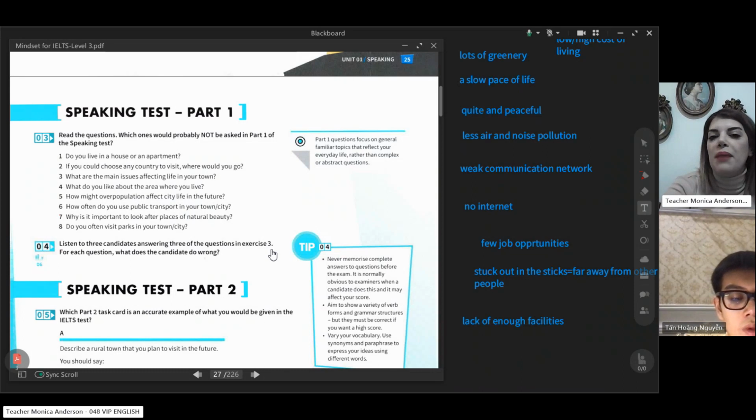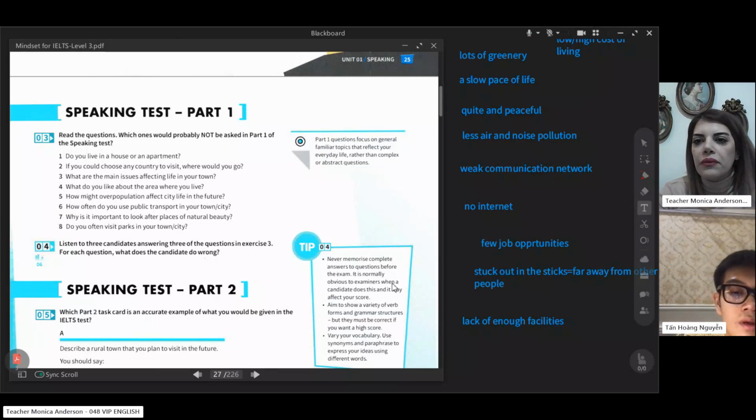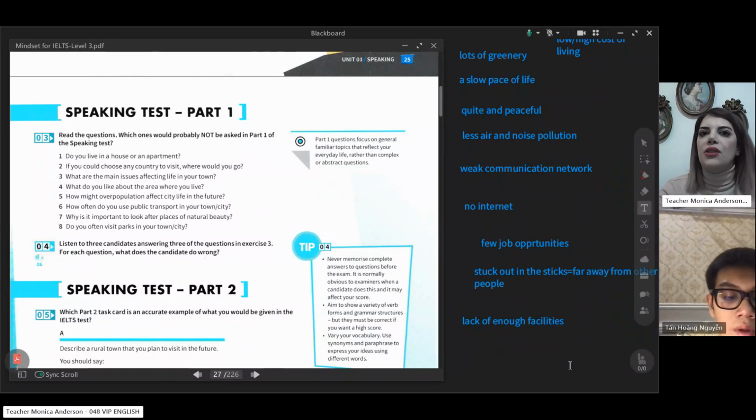So let's talk about maybe the disadvantages. Teacher, I can't hear clearly what you said. Okay, so you said that actually it's not really common to use public transport in your town, and I want to know about the disadvantages of using private cars, not public transport.